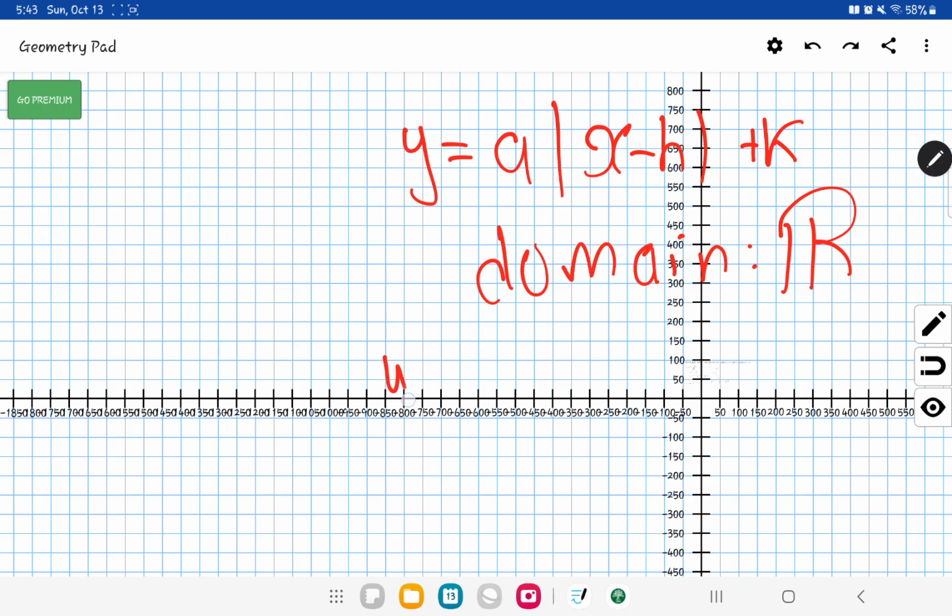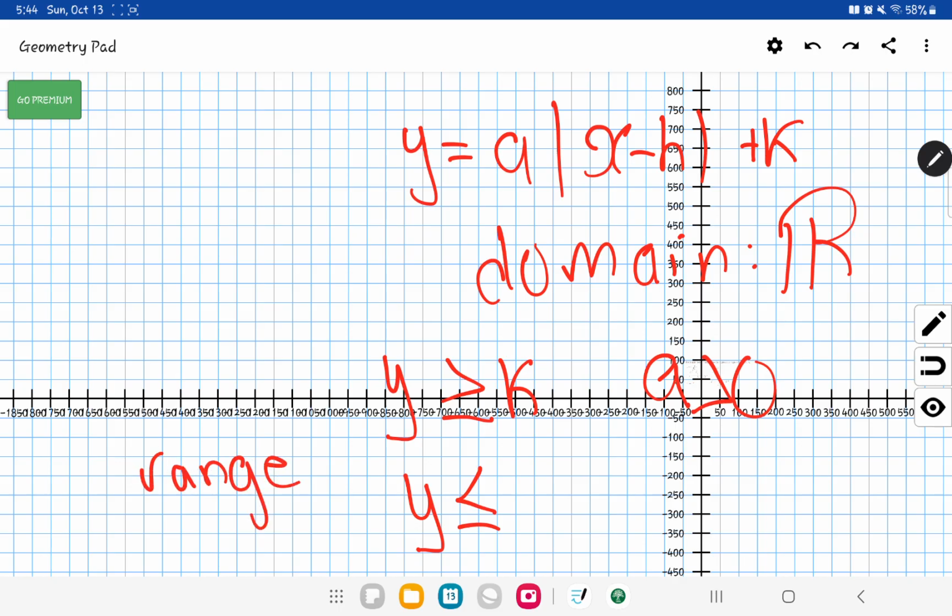The range will be y greater than or equal to k if and only if a is greater than 0. However, the range y will be less than or equal to k if and only if a is less than 0.